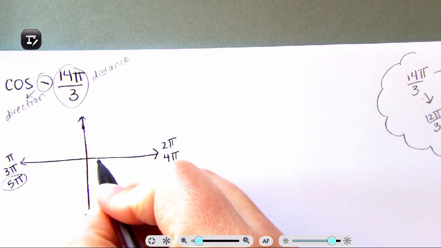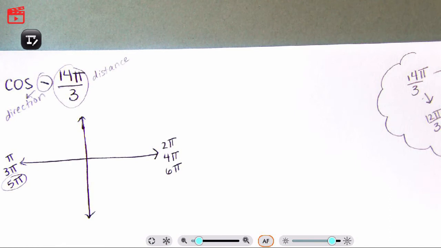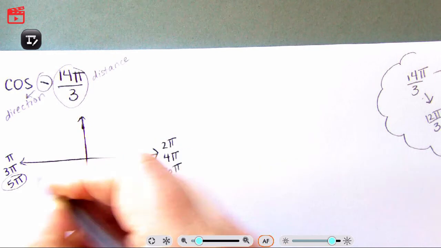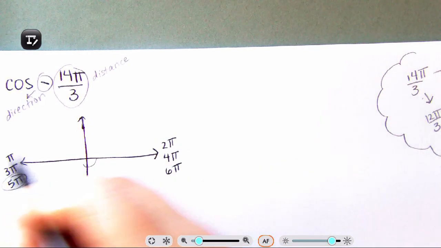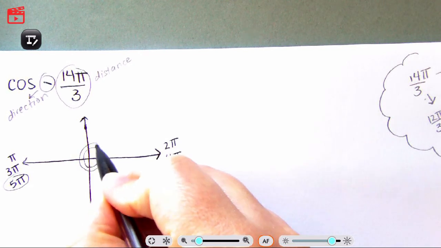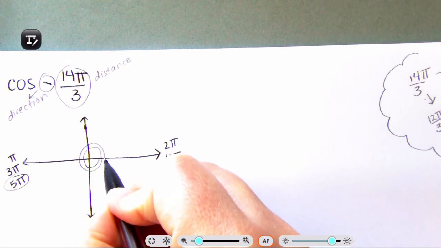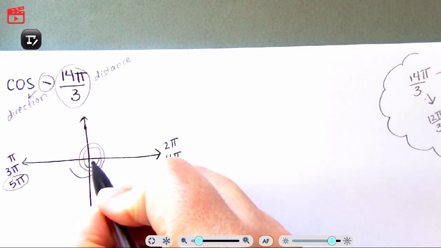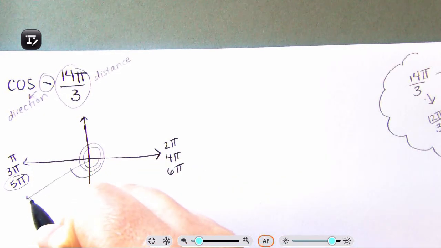And how many full rotations? Well, we're going to get super close to 5 pi. And 5 pi is, well, here's 2 pi. Here's 4 pi, again in the negative direction. And here's 5 pi almost.